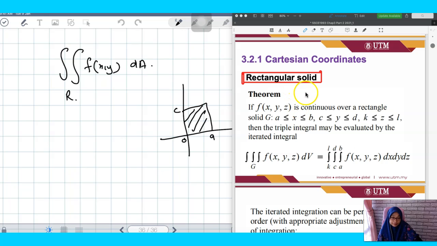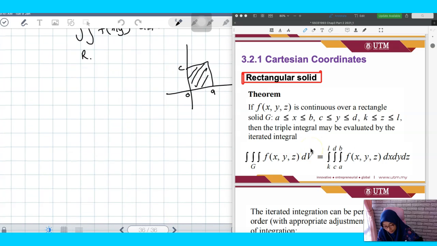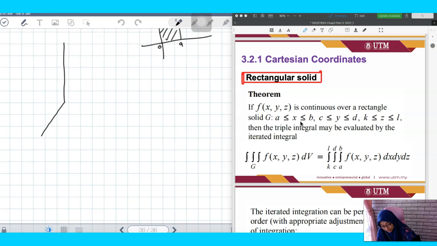Similarly for a solid, now we are talking about the triple integral. If all your limits are constant, that means you have a cuboid. Let's say, I try to draw in 3D. What is the shape that you can have?